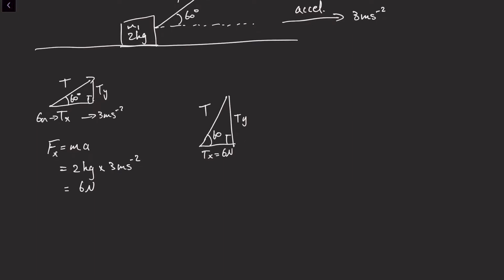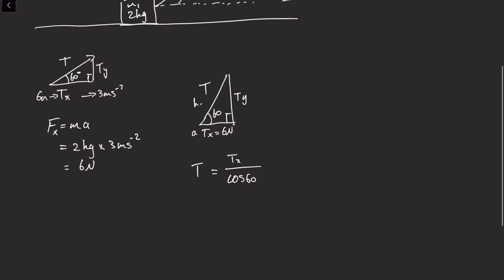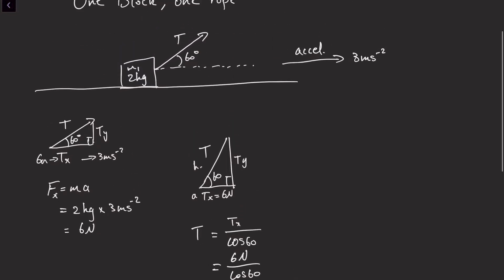In this case, T equals Tx over cosine of 60, because this is the adjacent side and this is the hypotenuse. Substituting in everything that we know, 6 newtons over cosine of 60 gives us 6 over 0.5, which equals 12 newtons. So we know now that T, the tension force here, is equal to 12 newtons going up that way.